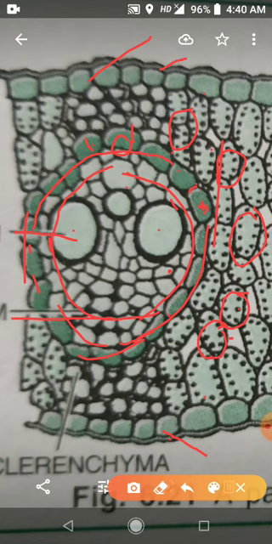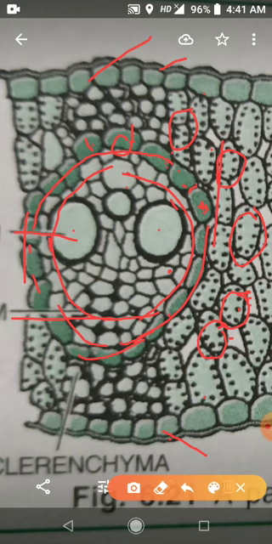So, the number of chloroplasts in the mesophyll cells is less, the size of the chloroplasts is small, but they have well developed grana. And chloroplasts which are present in the bundle sheath cells, they are large in number, they are large in size, but in them grana are absent or poorly developed.